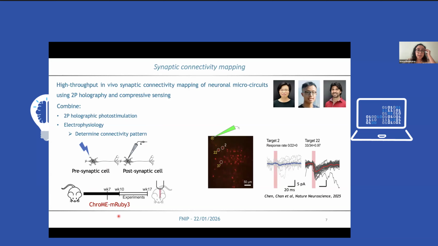To do this, Joe expressed the opsin ChroME in the visual cortex of a mouse, then patched a non-expressing cell in layer 2-3, and together they probed the putative presynaptic cells via two-photon holographic photostimulation. Here you can see an example of the results that they could get.